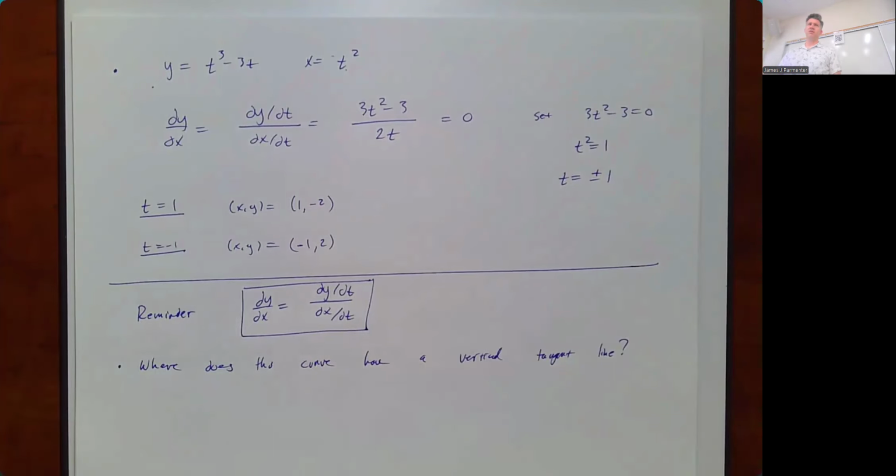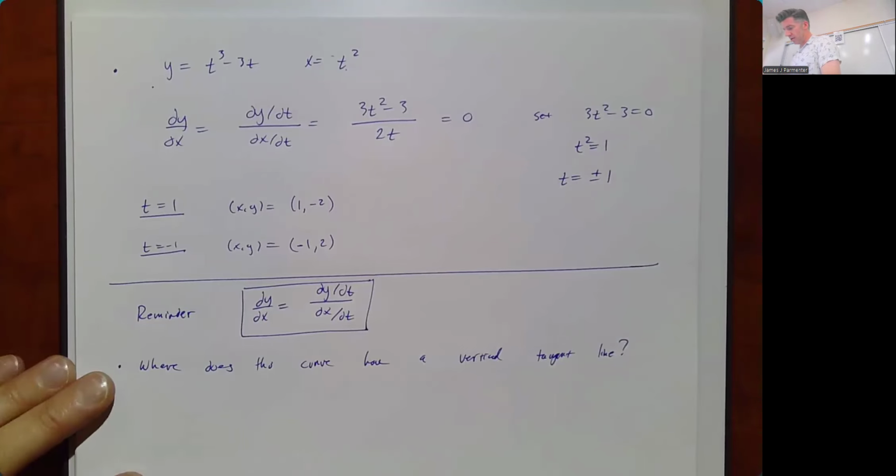Vertical tangent line means that your line's vertical, so what kind of slope do we have? Slope is rise over run. You have no run, you have an infinite rise. Your slope is undefined. So vertical lines have an undefined slope.